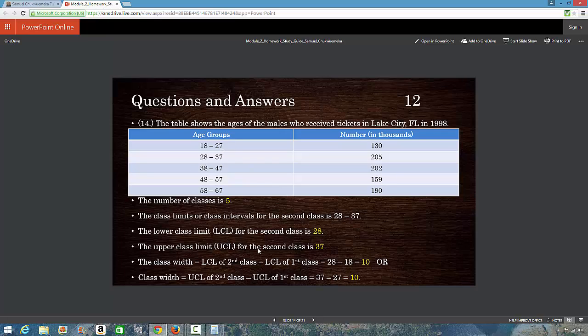Let me just use class limit because that is what your textbook used. But if you read another textbook and you see class intervals, it is the same thing. So, for the 5th class, lower class limit is 58. Upper class limit is 67. How do we find the class size or the class width?